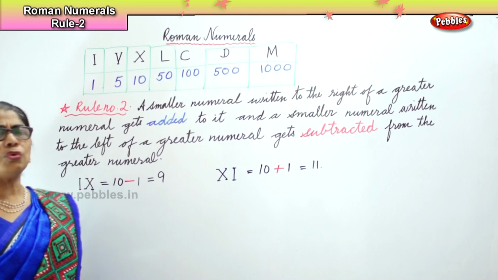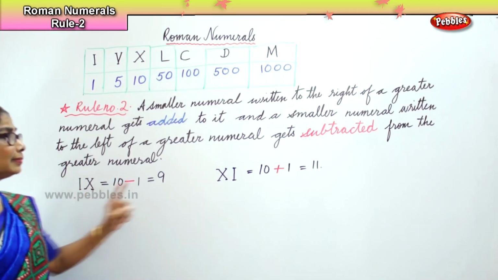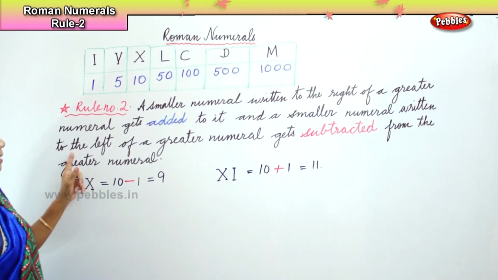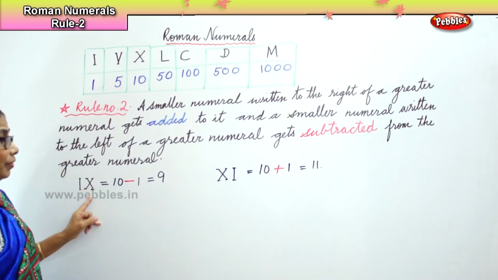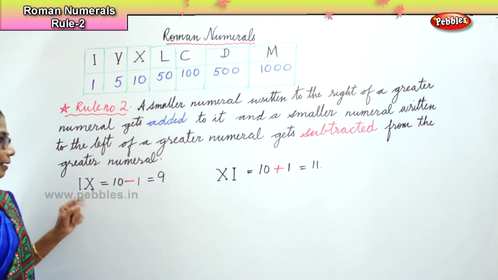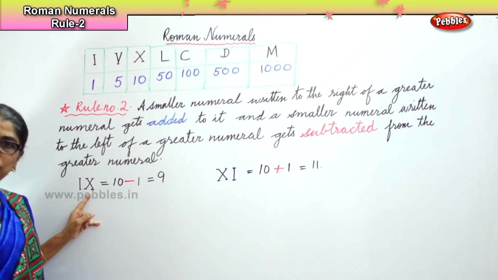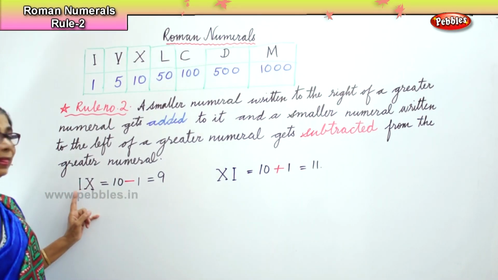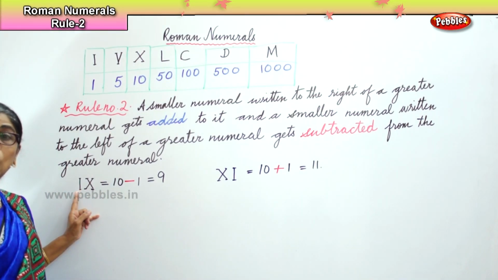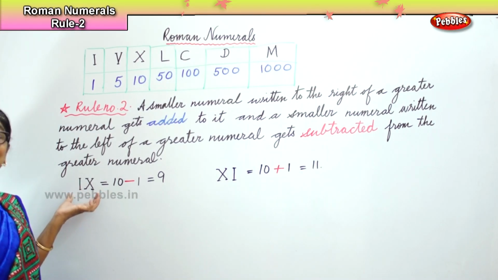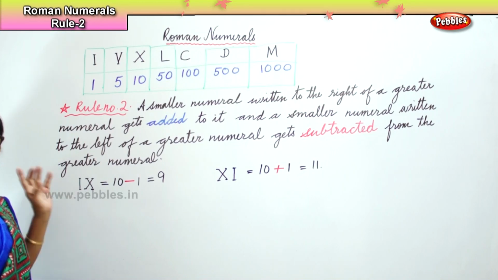Now let's look at the two rules again. Here, a smaller numeral written to the left of the greater number 10 gets subtracted. The greater number is the Roman numeral 10, and to the left of it you have the Roman numeral 1. It gets automatically subtracted. So we call this number in Roman numeral 9.